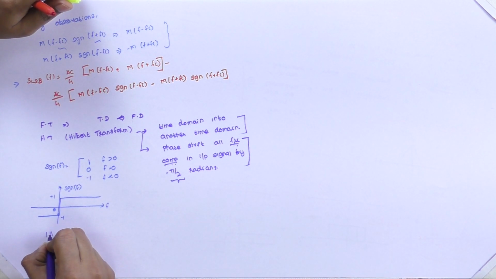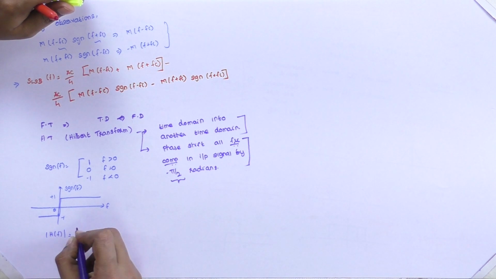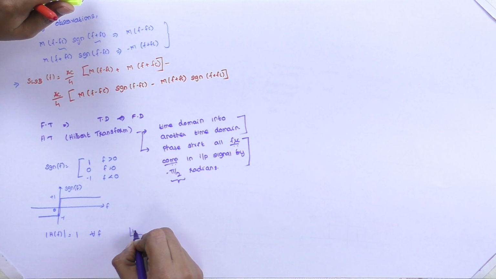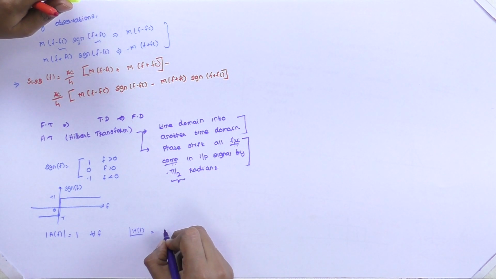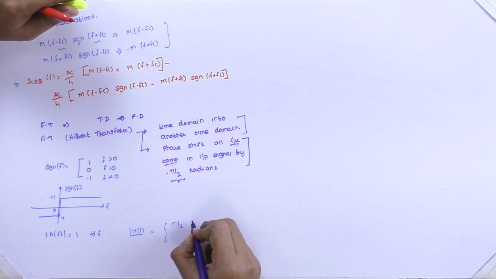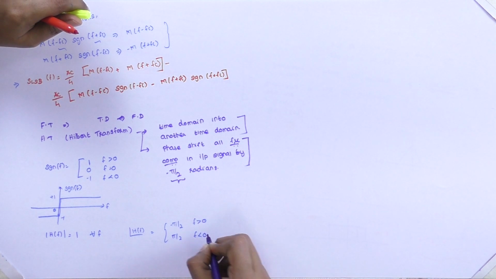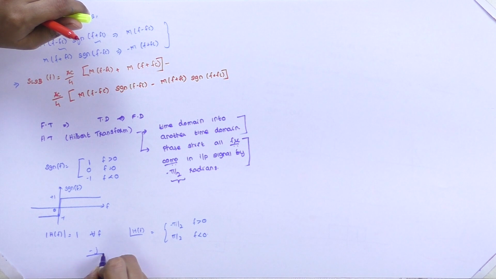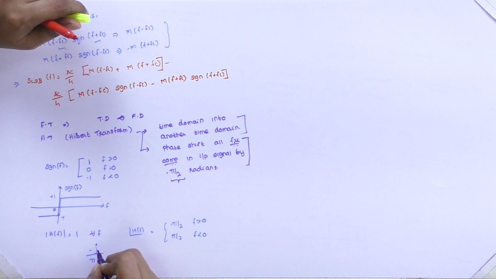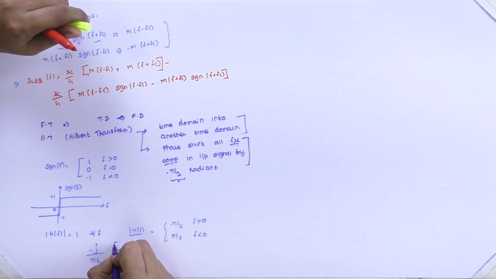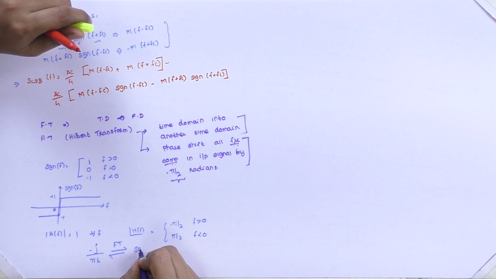The magnitude will always be 1 for all frequencies, and the angle of H of f is minus pi by 2 for f greater than 0 and pi by 2 for f less than 0. The Fourier transform of the Hilbert transform is given by j divided by pi t. Fourier transform always gives the signum function.